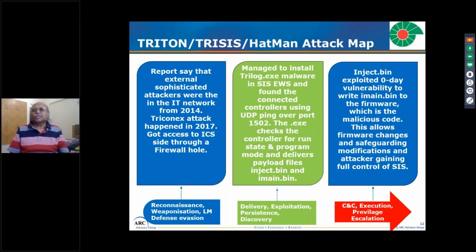This allows firmware changes and safeguarding modifications, and the attacker gains full control of the SIS. So now he delivered the payload, and the controller has been overwritten with his code to do whatever he wanted to do.